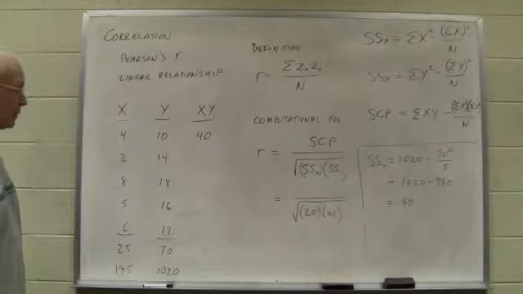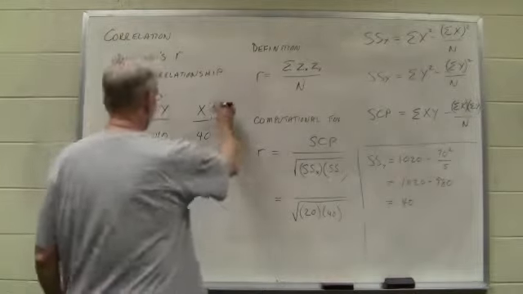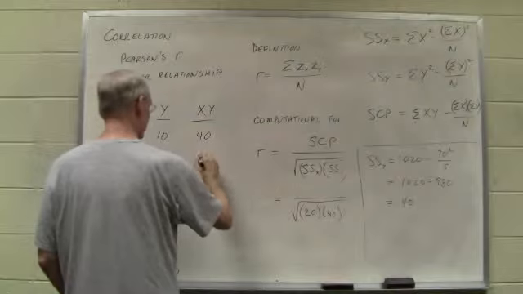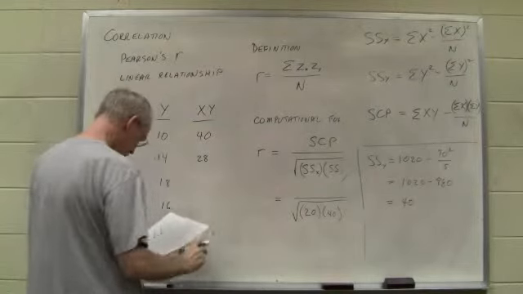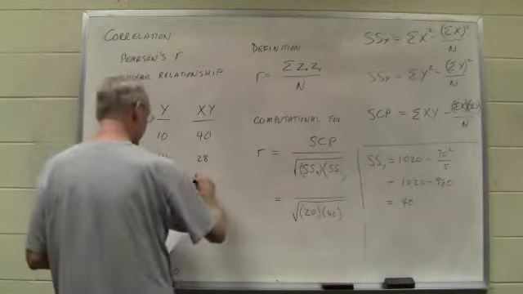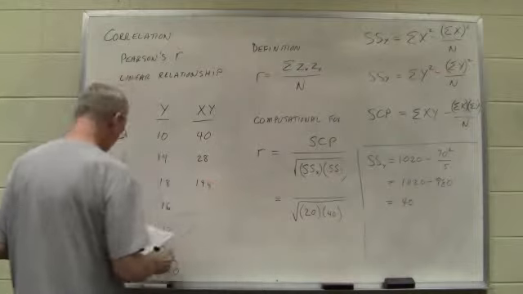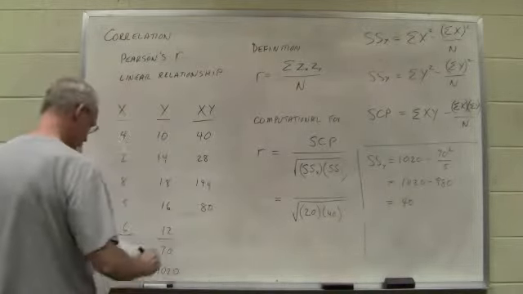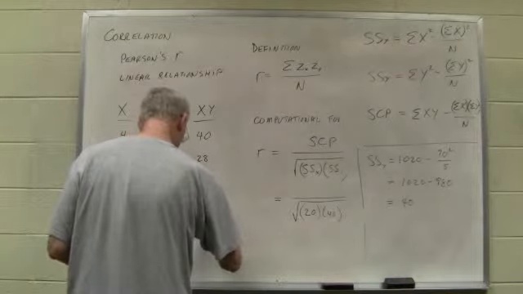And now for the sum of the cross products. Well, we have to finish out all of these cross products. So down here, 2 times 14 is 28. 8 times 18, I don't know that, but I've done it. It's 144. 5 times 16 is 80. And 6 times 12 is 72.